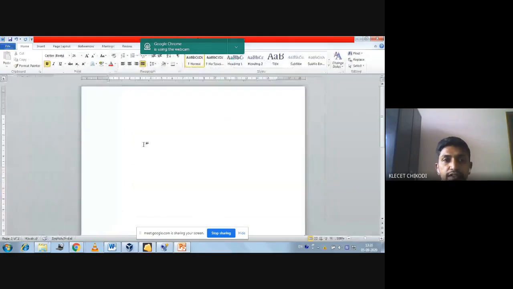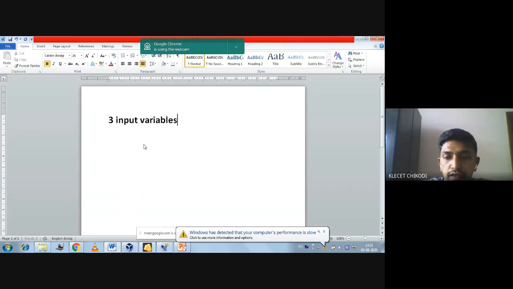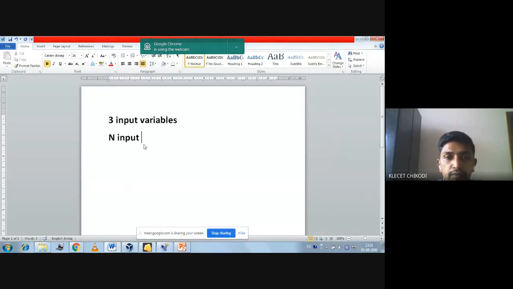If we have 3 input variables, consider the general one, for n input variables, there are 2^n combinations.